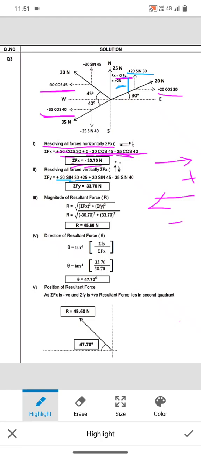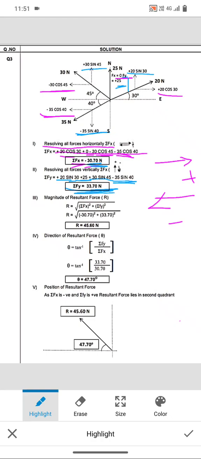Then the third force is plus 30 sin 45. Then the last force is minus 35 sin 40. Therefore summation Fy becomes 33.70.